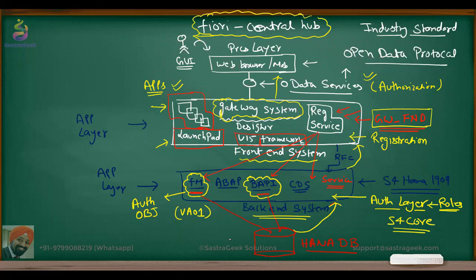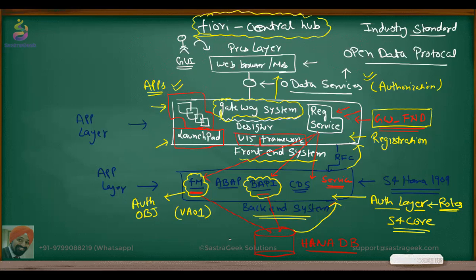Authentication happens when anyone logs in. That authentication checks whether you are in the network where you are supposed to use it, whether your IP address is in the whitelisted IP addresses where you are supposed to use it, and whether you have credentials. Okay, so that part is called authentication. So first authentication would be happening.